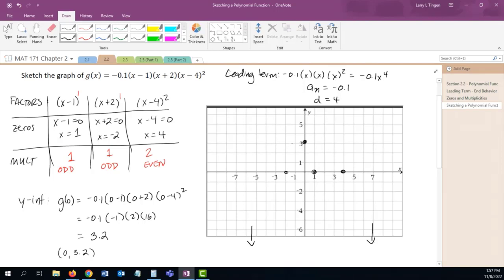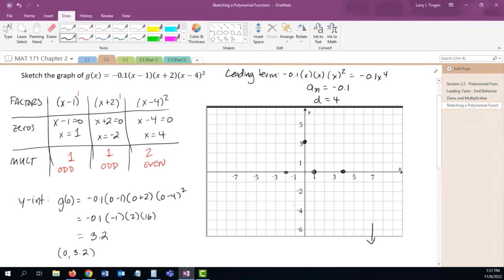If you want to plug in some more points, you can absolutely do that. But what I want to do is just kind of manipulate the problem as it sits. So what have I got? I'm coming up from negative infinity.